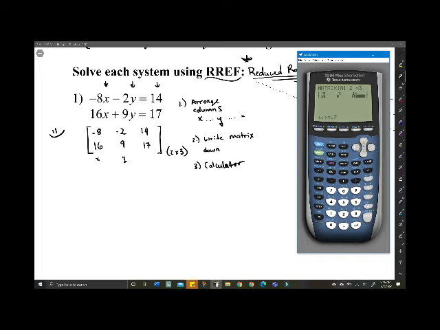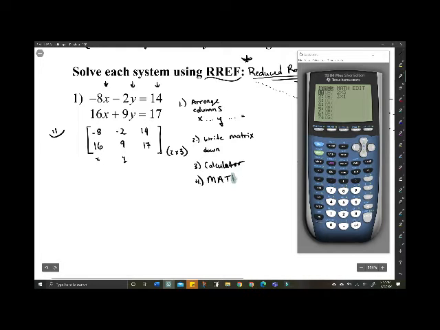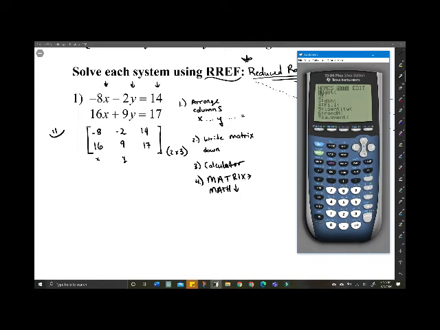Make sure you leave the matrix, and then we're going to go back in, this time over to math in the matrix window. So matrix, might want to put that down, to math, and scroll down till you see RREF. Might be a different number on your calculator than mine. Not REF, RREF. Hit that.